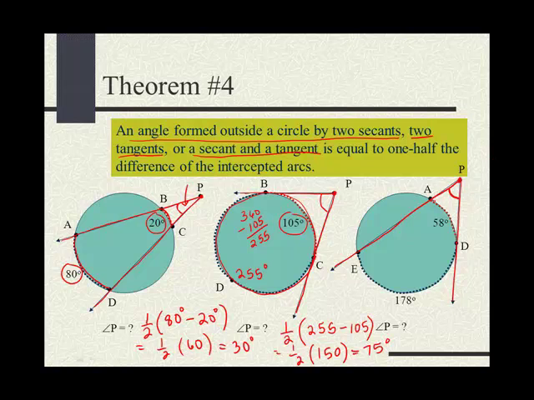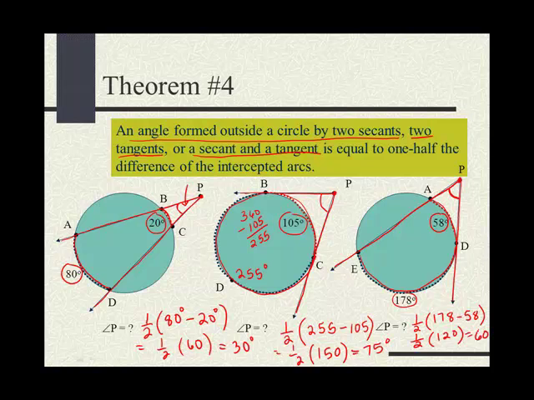Well, one of the intercepted arcs goes from A to D, and it's shown as 58 degrees. The other intercepted arc is between points E and D, and it's shown as 178 degrees. So angle P in this situation is going to be 1/2 the difference of 178 and 58. 178 minus 58 is 120. Half of 120 is 60. So the angle P would be 60 degrees in this case.